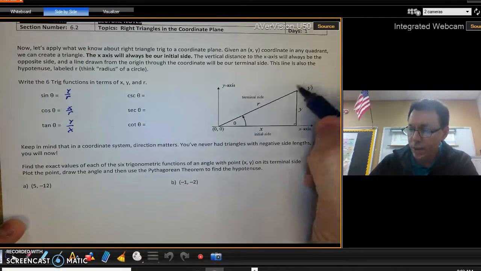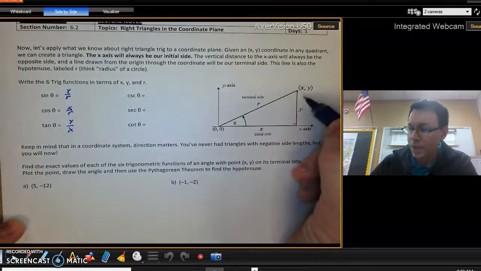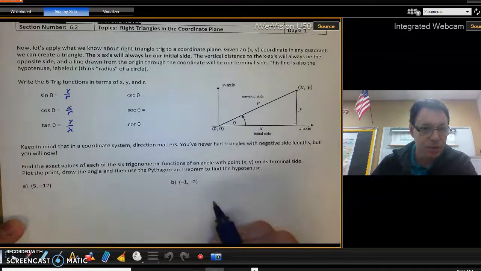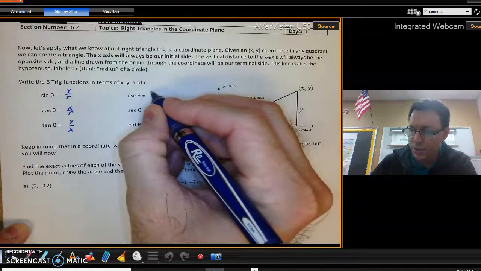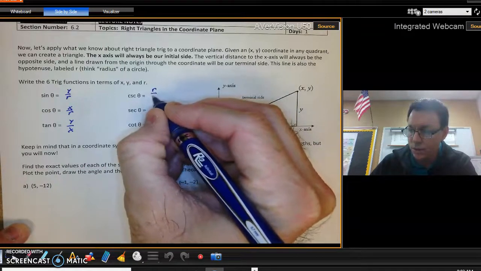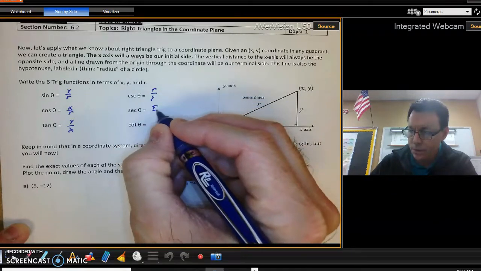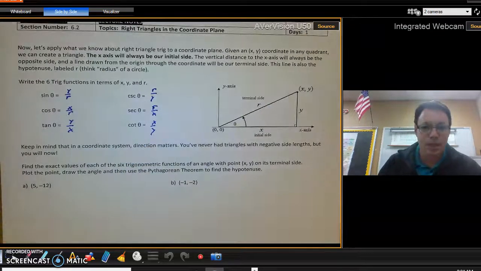So if I give you a point out in space, you actually know the tangent of it right away, but we would have to use the Pythagorean theorem to find the radius, and then we'll know everything about it. Cosecant, secant, and cotangent are just the reciprocals of these: r over y, r over x, and x over y. So it's actually pretty straightforward.